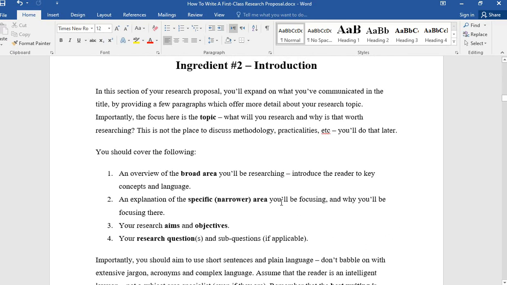And we talked about what? About introduction, saying that introduction shows the background of your study, and at the same time you have to focus on your specific gap and topic. It's actually an overview of the broad area that you're going to do the research on, and it is also an explanation of the specific area and a place for showing the aims and purpose of the study, right?